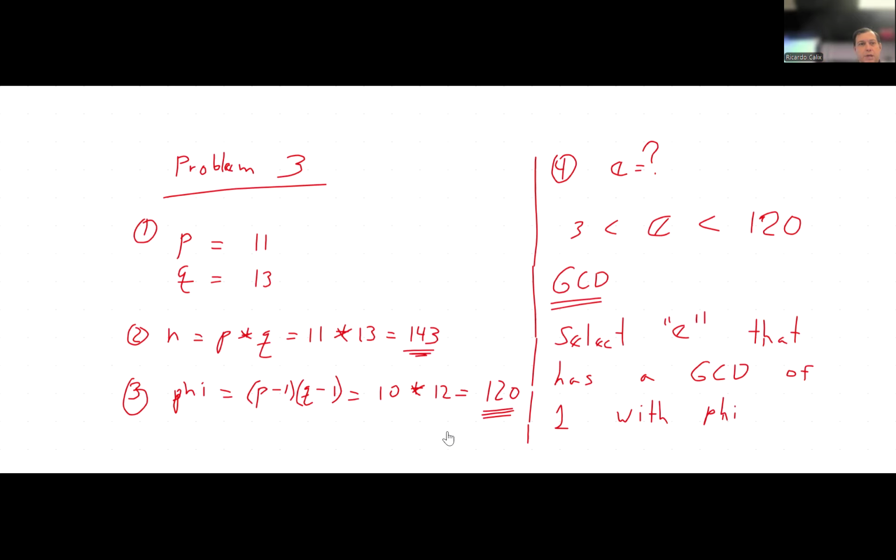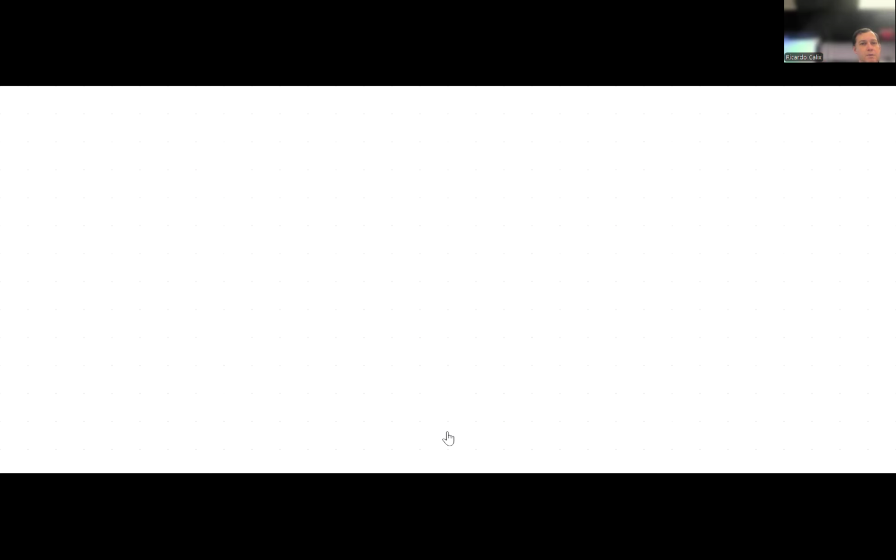So I'm going to create a new page here. We've established that phi is 120, right? So we're looking for E, and we wanted an E that is within this range, but that the values also have a GCD of 1 with phi.